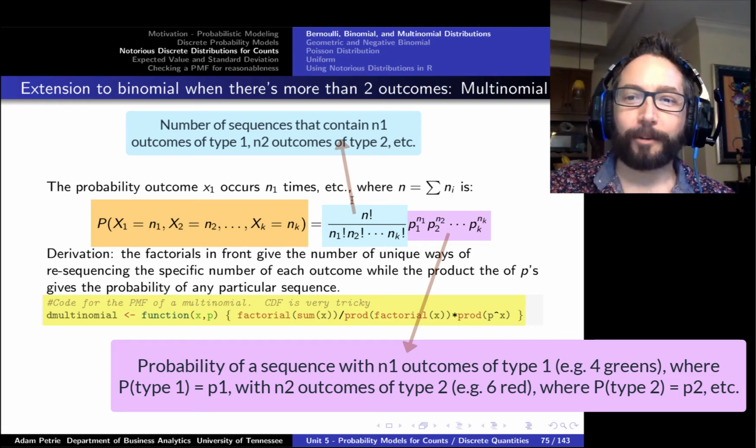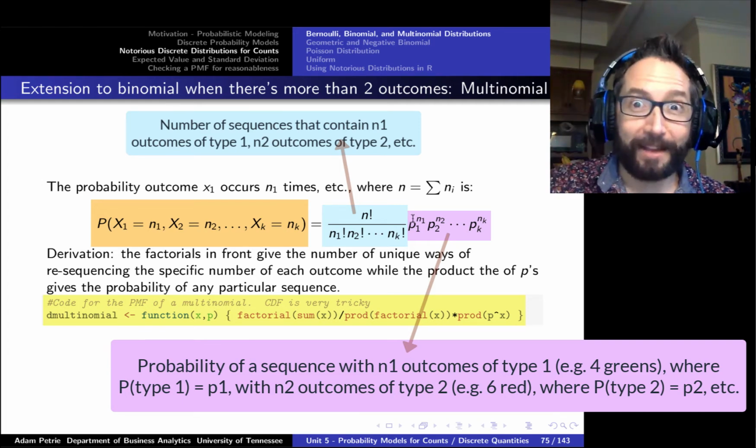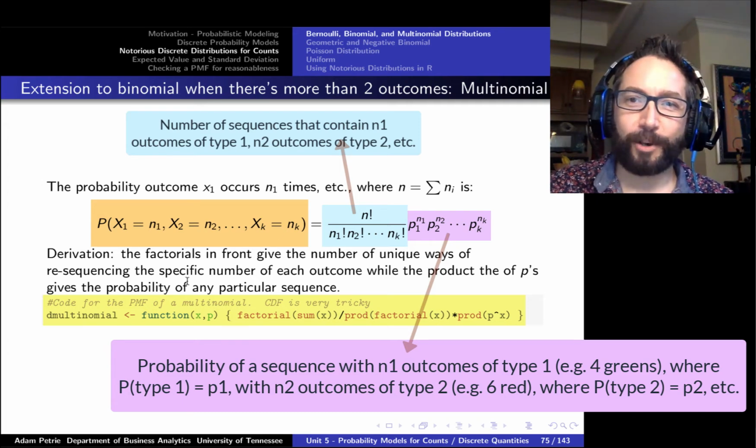This is the number of ways you can rearrange a sequence where the first outcome appears n1 times, the second outcome appears n2 times, etc., where the probability of observing outcome 1 is p1. So a lot of math goes in there. We can get it by hand, but this nice custom code will help get us there very quickly.